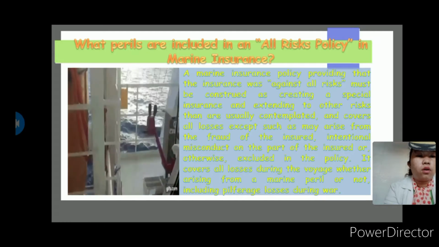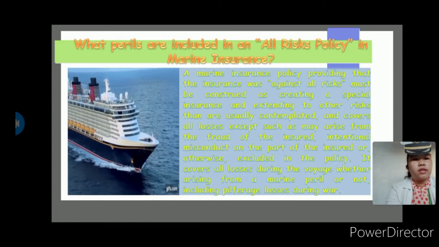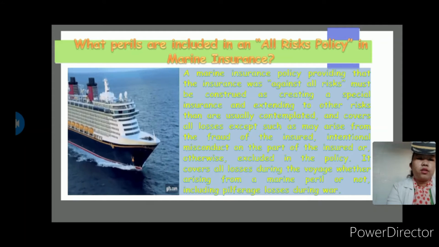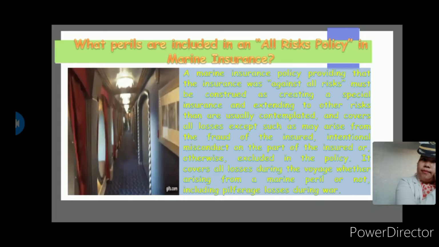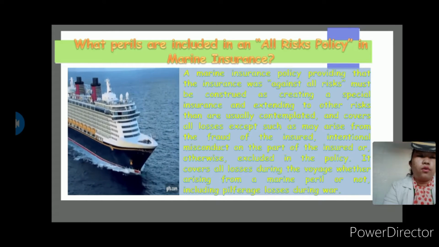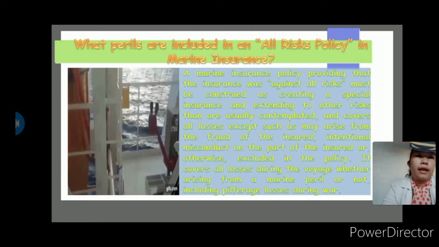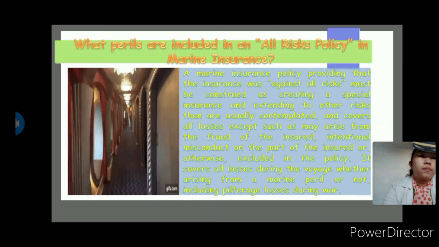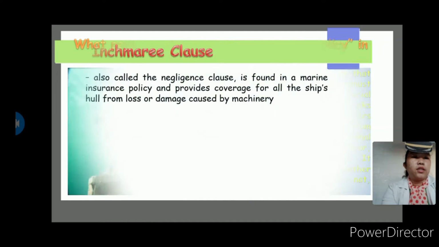So it covers all losses during the voyage, whether arising from a marine peril or not, including pilferage losses during the war. So later on, we will get to know the conditions wherein an all risks policy is being construed or interpreted.